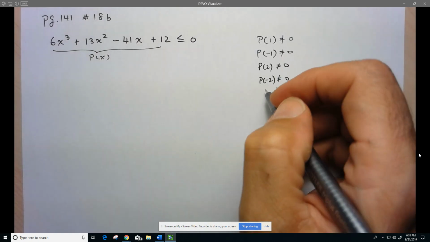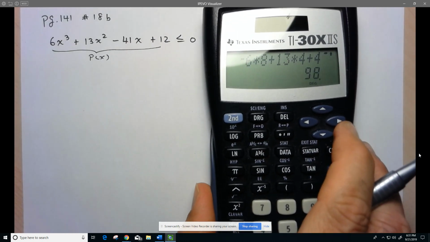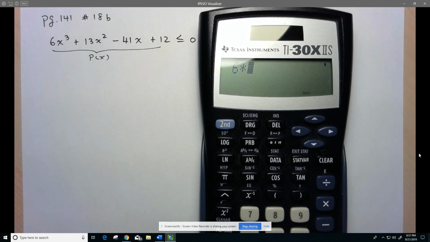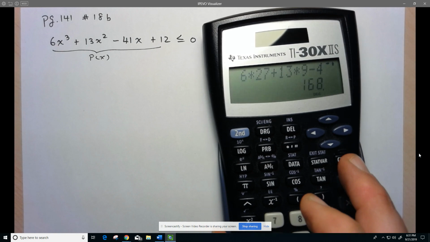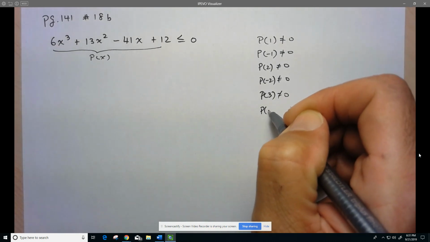Okay, so let's move on to 3, p at 3. So this one is taking a little more time than usual. Let's see if this works. So 6 times 3 cubed is 27, plus 13 times 3 squared is 9, minus 41 times 3, plus 12. Oh, still no luck. Not equal to 0. Let's go to p at -3.